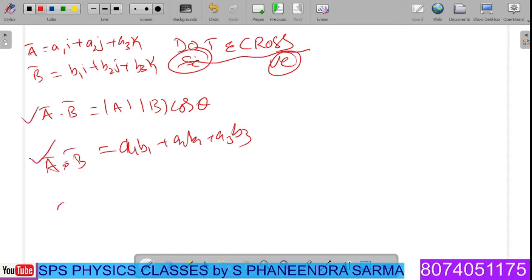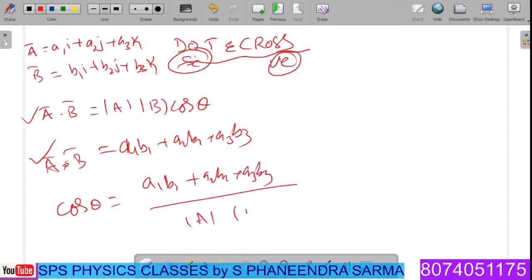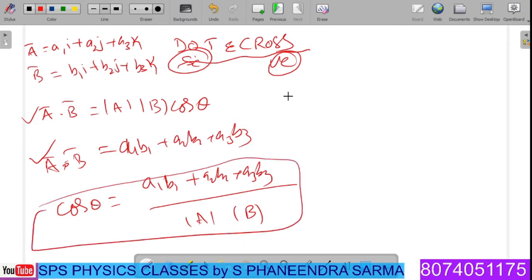Upon equating them, cos theta is equal to a1 b1 plus a2 b2 plus a3 b3, whole divided by mod a mod b. So in this way we can find cos theta.